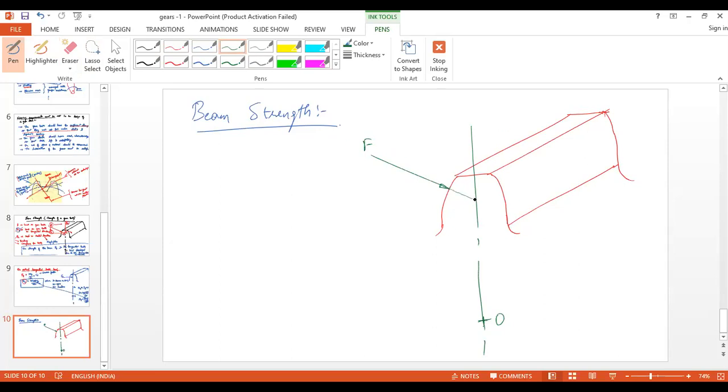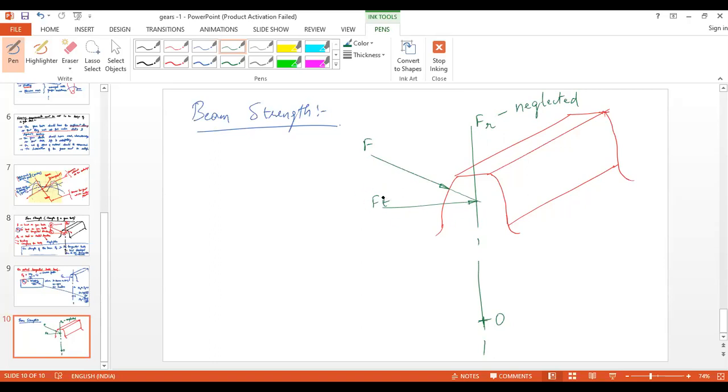So this is the load, and we can resolve this into two components, Ft and Fr, and Fr can be neglected because the effect of this load on the compression of the gear tooth is very, very small. This is the actual load acting on it.